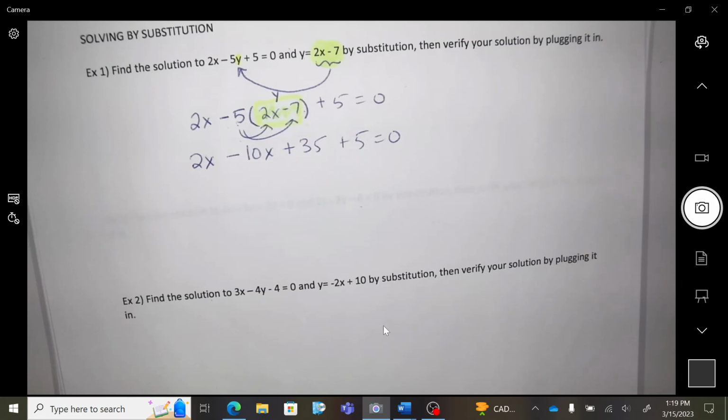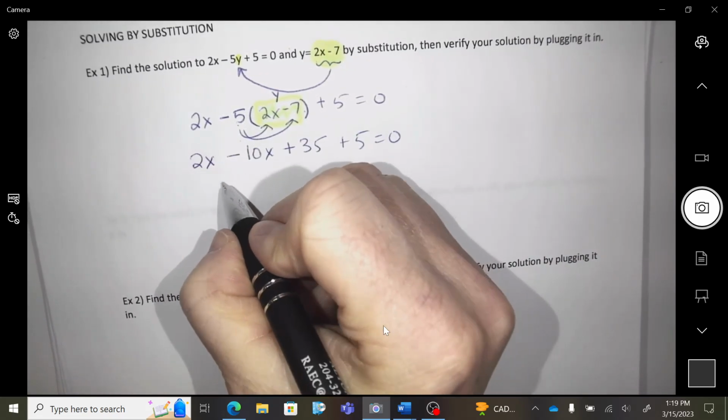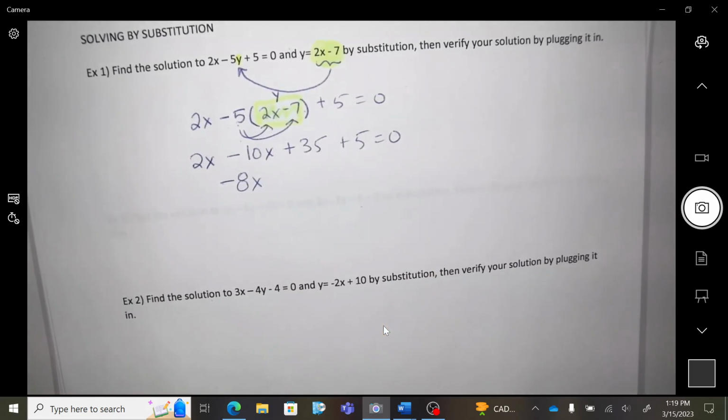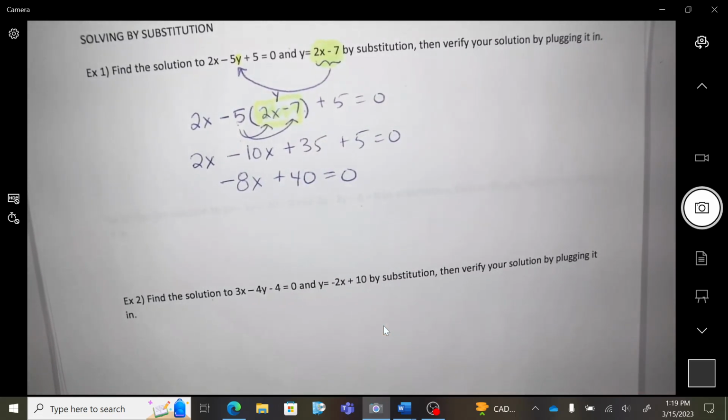Okay, we're going to have to solve for x, so let's group like terms. So minus 8x, because that gets grouped, plus 40, those can go together. You can only put things together if they're the same.